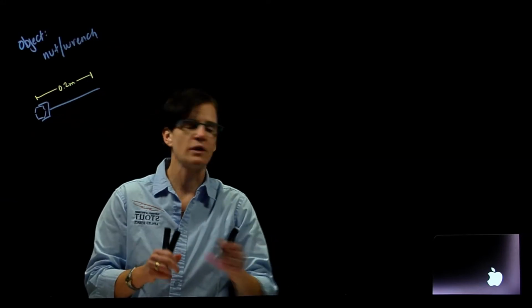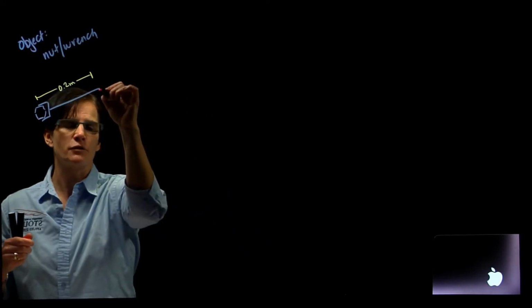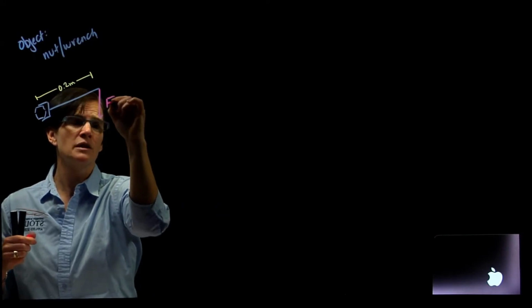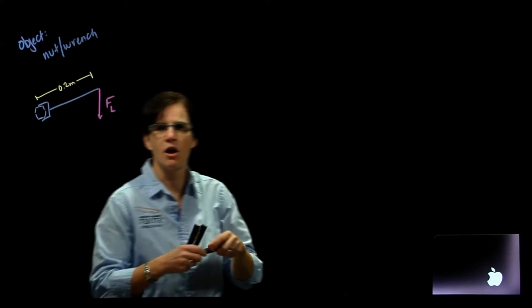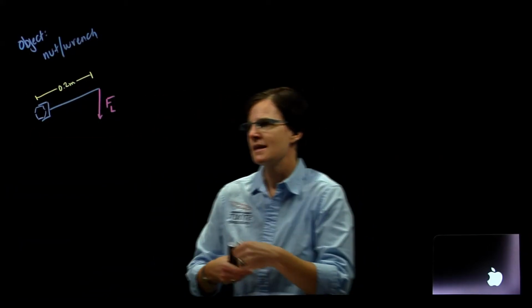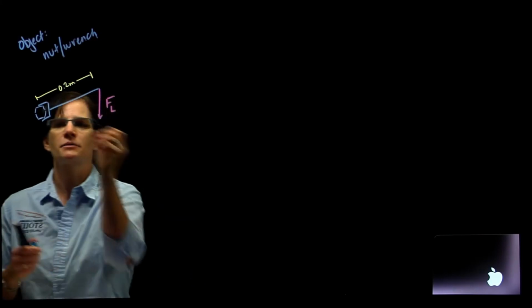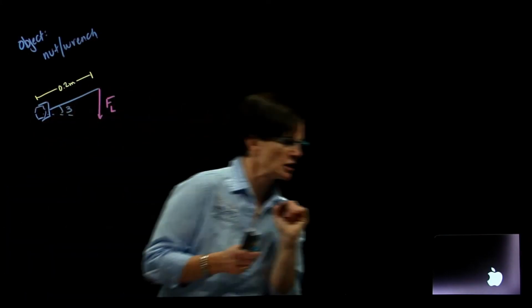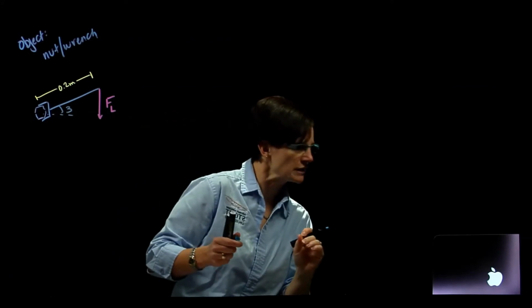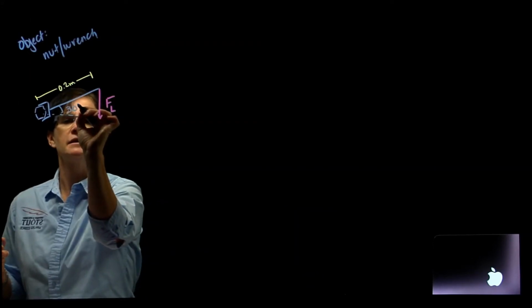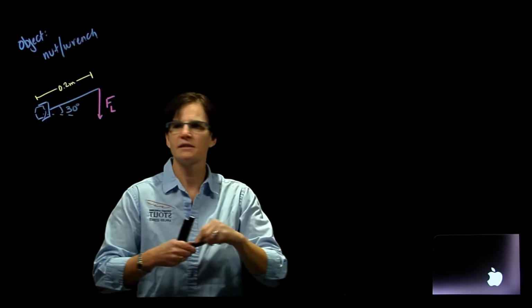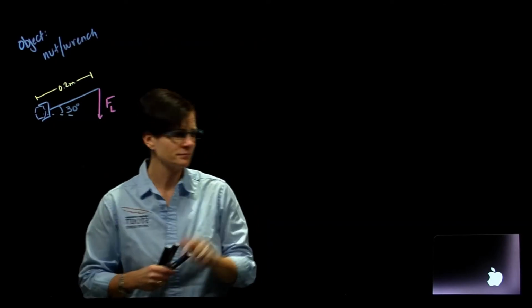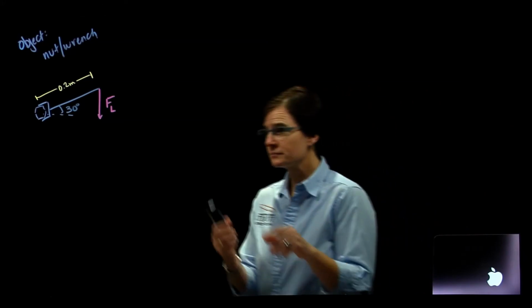And we know that Luis is exerting a force straight down, the force by Luis on the end of that wrench, and that wrench is angled at 30 degrees. All right, so there is our situation. Okay, I need a calculator. Pull one over. All right.